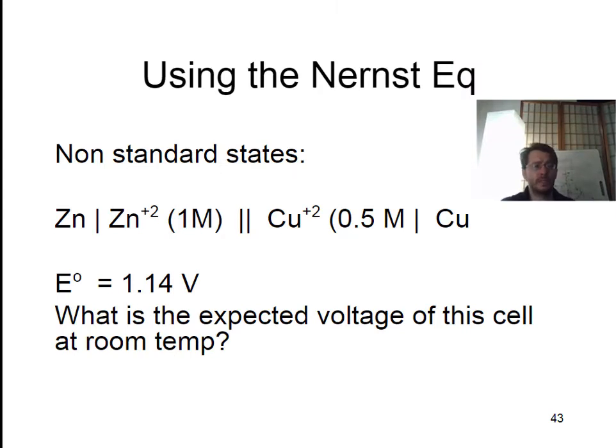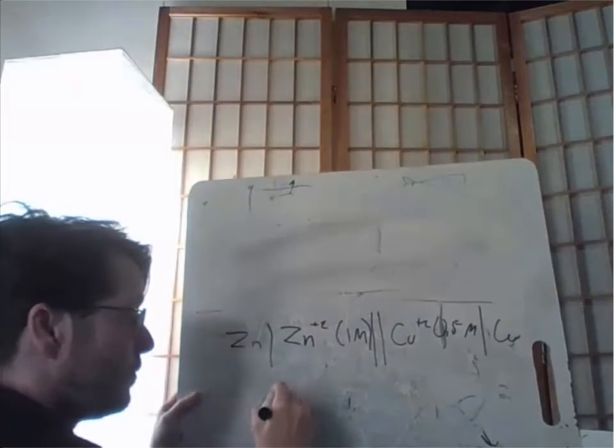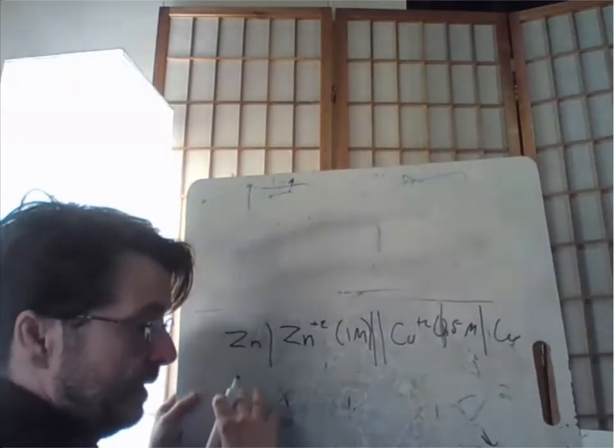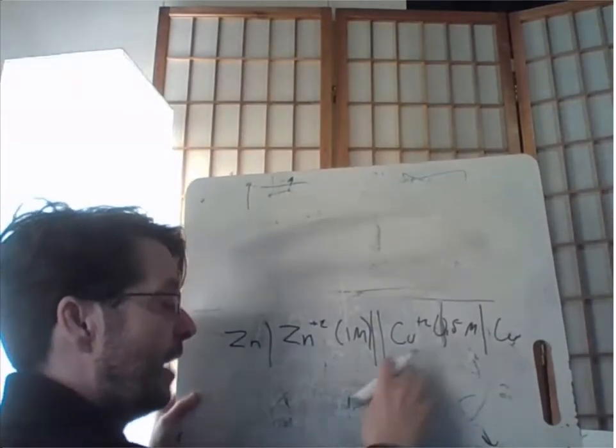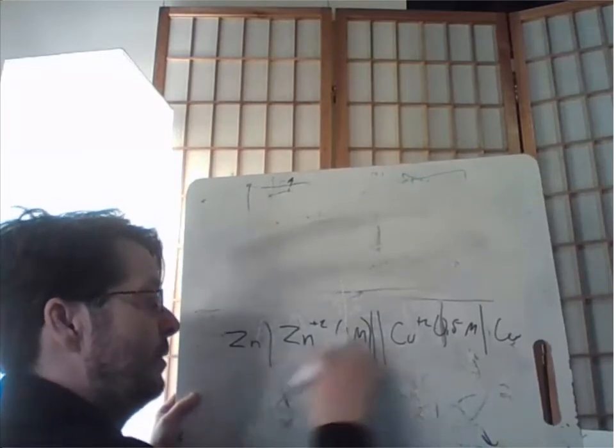Right? So very powerful. So let's use the Nernst equation. Let's look at a typical one. What is the expected voltage in a cell, copper and zinc, at room temperature under these conditions? Again, it's always written anode, cathode.